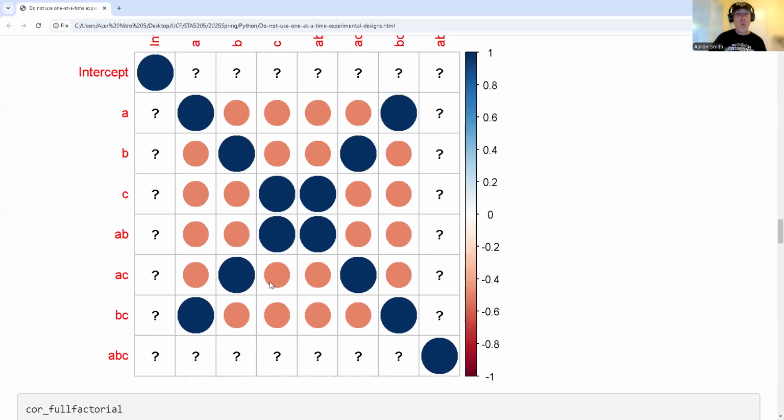What I want to see is 0 correlation between distinct columns. If I see two different columns, I always want perfect 0 correlation. Now, the question mark on the intercept is going to come up because the intercept is constant, it has 0 variance, and correlation doesn't make sense when I have 0 variance because of the division by the standard deviation or the sum of squares difference from the means.